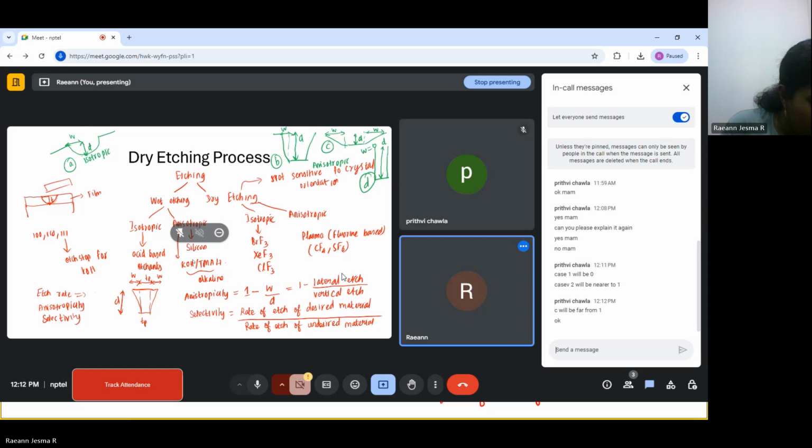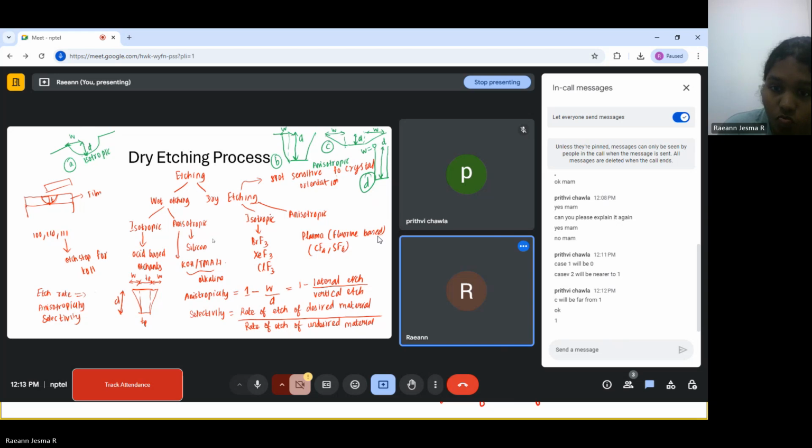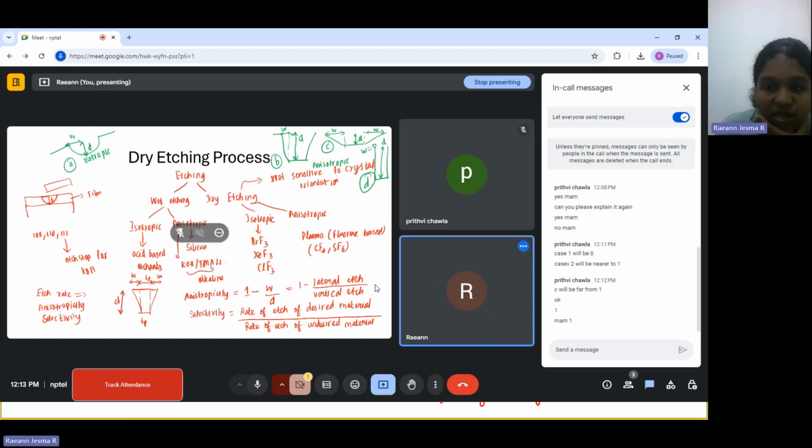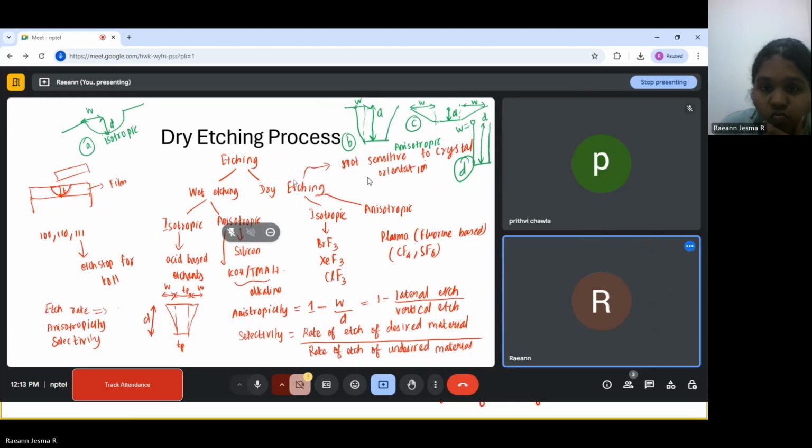Then for case D, it will be 1. Ideally, for a very ideal etch, we will have anisotropicity of 1. So this is regarding anisotropicity.